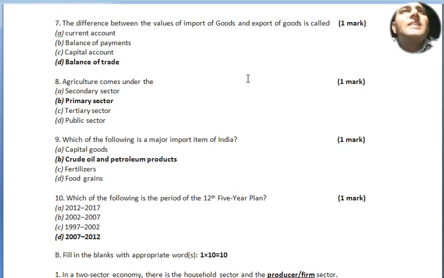Agriculture comes under the primary, secondary, tertiary, or public sector, so it's the primary sector. Which of the following is a major import item of India? Capital goods, crude oil and petroleum products, fertilizers, or food grains. Here, crude oil and petroleum are the major import items of India. Option number B is right.